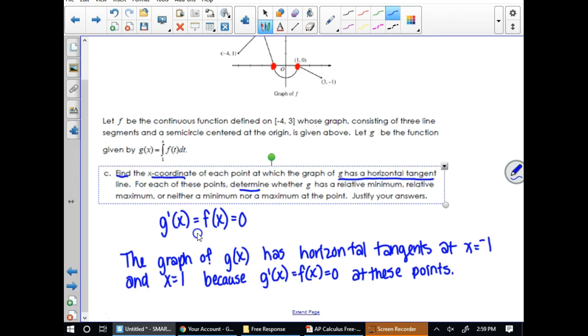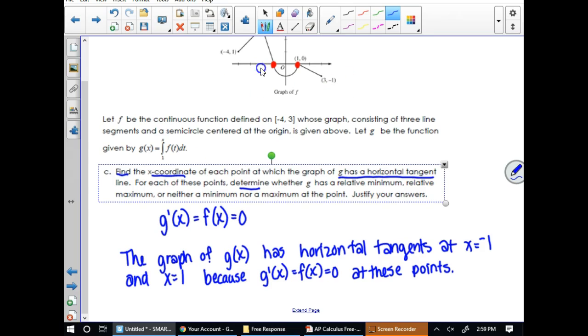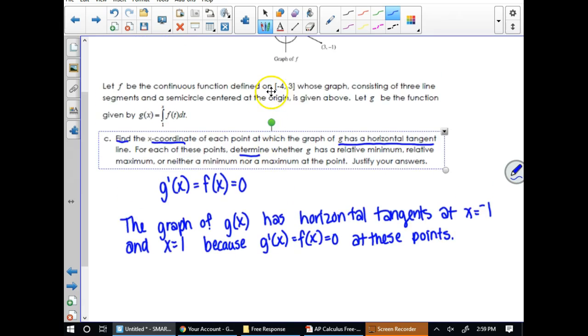And one of the main reasons that I chose this particular problem is because my solutions have a mistake in them. I looked at them, did not look at them closely enough.